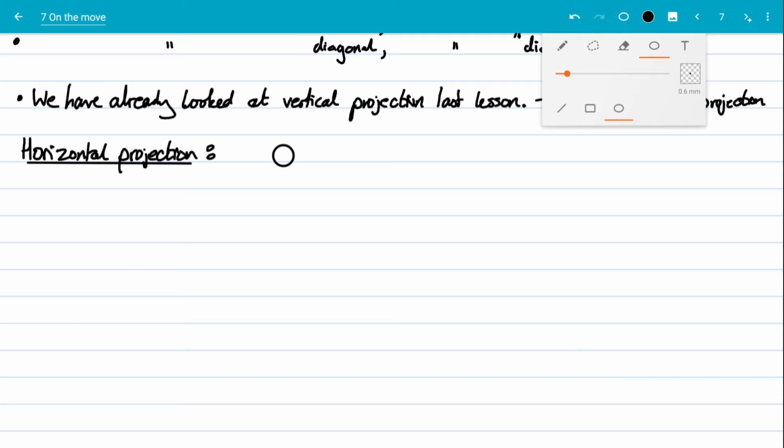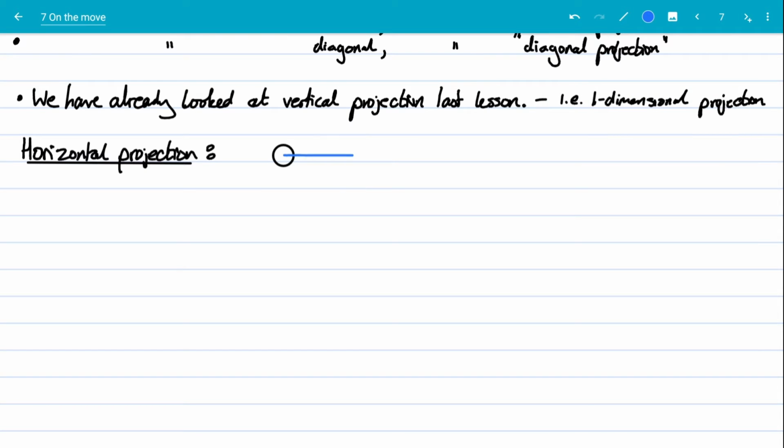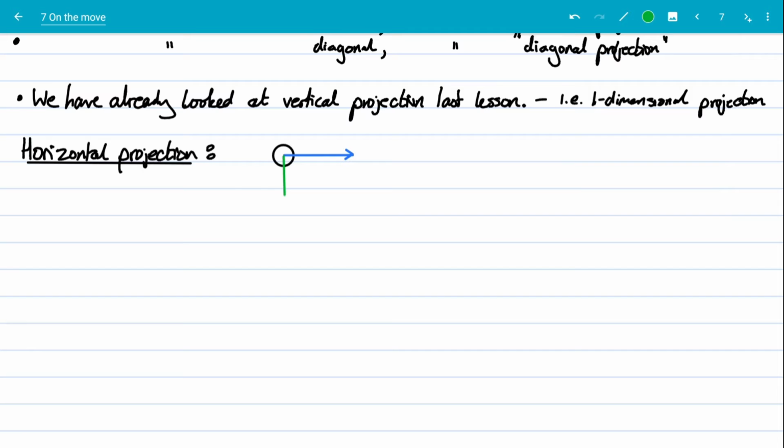It would have an initial velocity in this direction, but the acceleration would be in this direction. Oops, let's change that to this. And I'm going to use double-headed arrows for acceleration and single-headed arrows for velocity today. And this is initial velocity, so I'm calling it u.